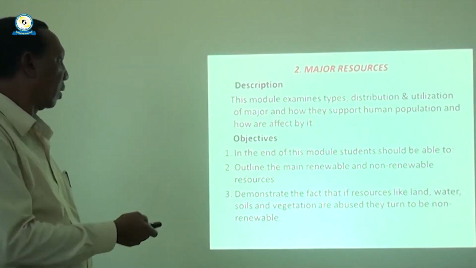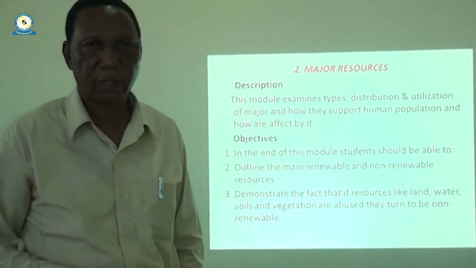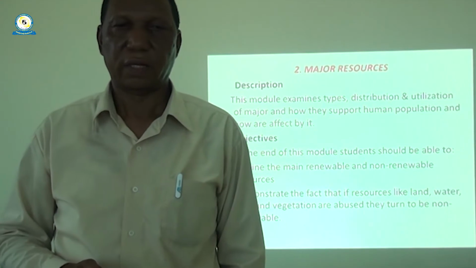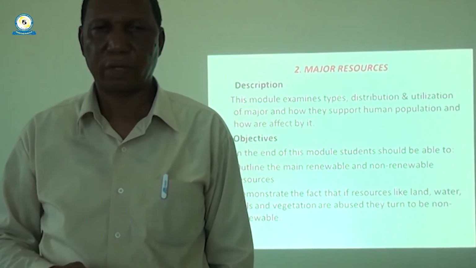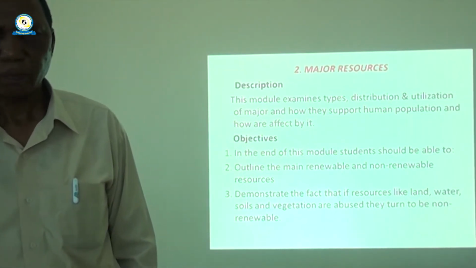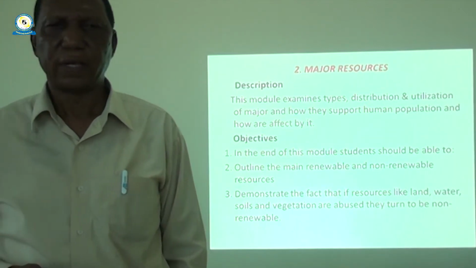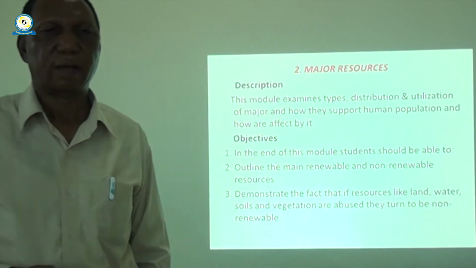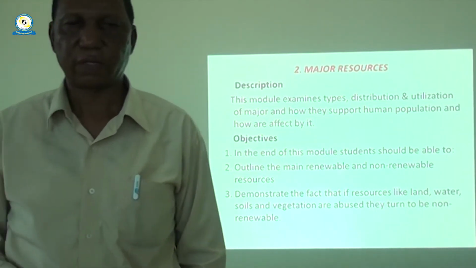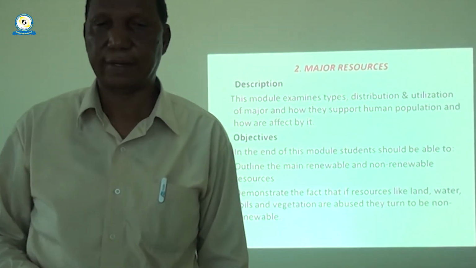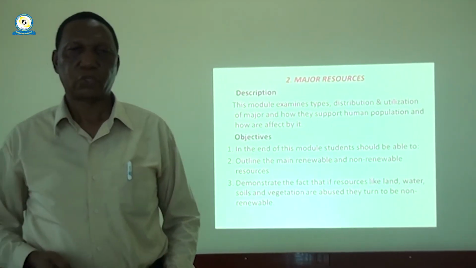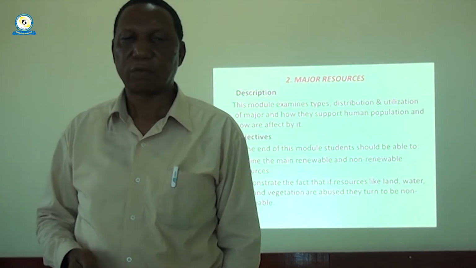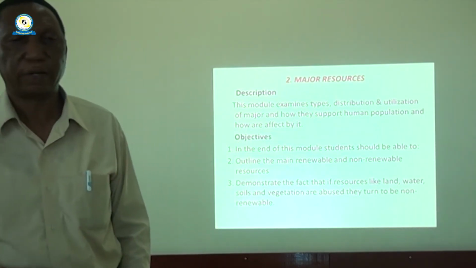In the end of this module, the students should be able to outline the main renewable and non-renewable resources, but also to demonstrate the fact that if resources like land, water, soils, vegetation are abused, they turn to be non-renewable.